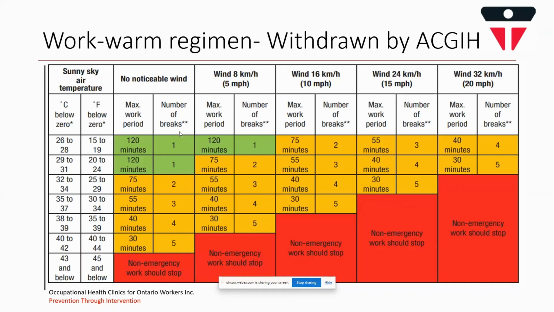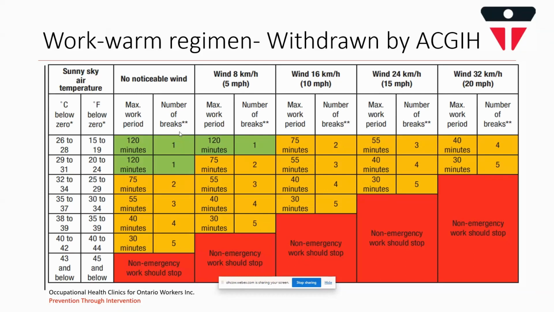has withdrawn it, and what ACGIH is saying now is that if the temperature is below -7, an employer should provide warm shelters, and the workers should watch their symptoms for cold stress and take breaks as appropriate.